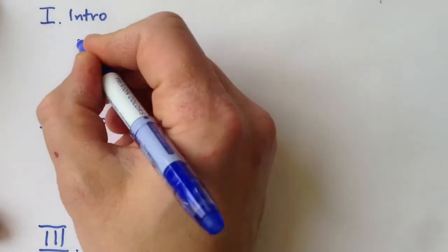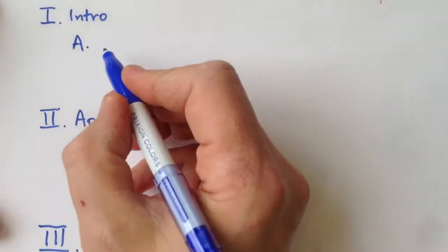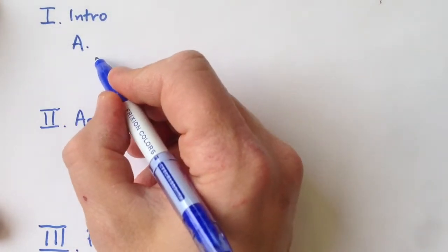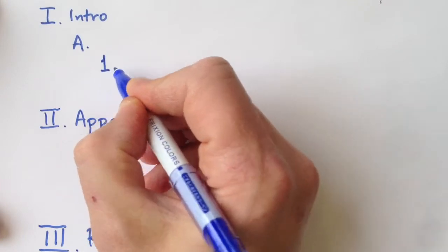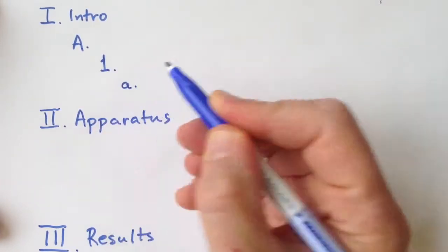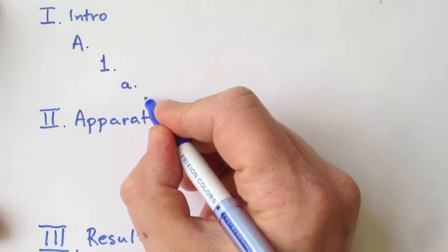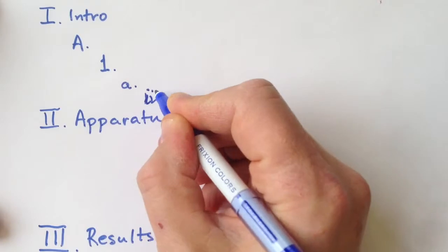For subheadings, you would typically use capital letters. Then you typically use Arabic numerals, and then non-capital letters, and then finally small Roman letters.